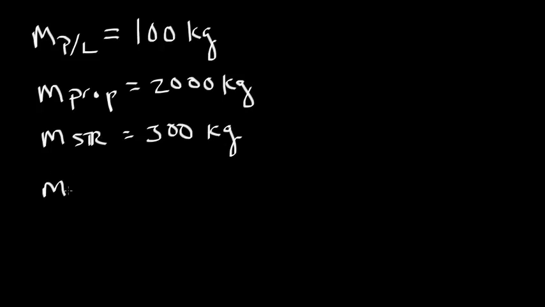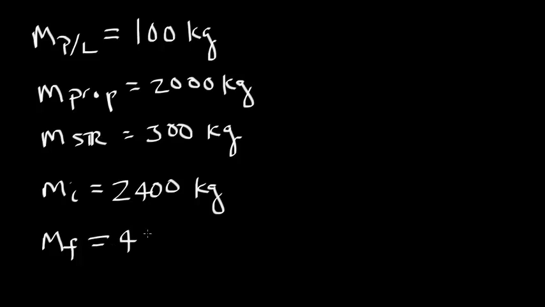So our initial mass then is going to be everything, 2,400 kilograms. Our final mass is just going to be 400 kilograms. And now we're ready to plug into the ideal rocket equation.